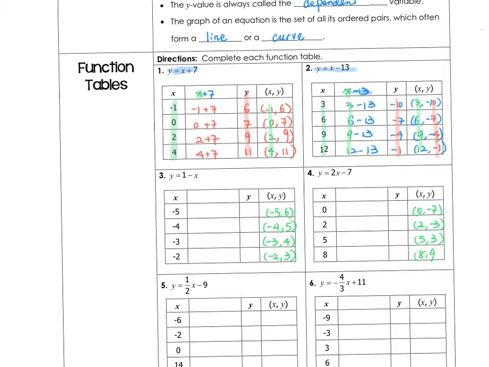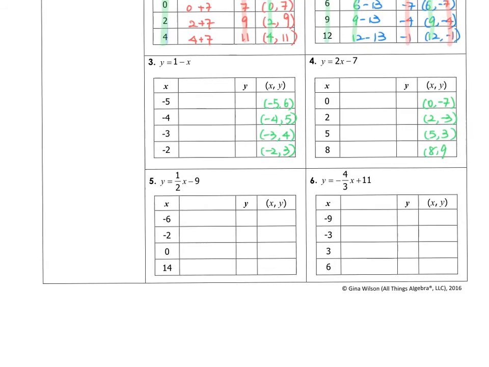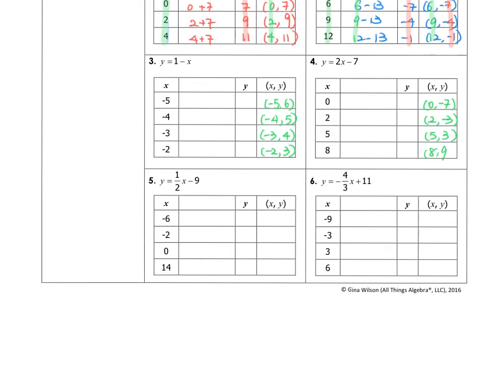Okay, I have put the answers of 3 and 4 on the screen. I'm gonna move it up a little. And I will do the 5 and 6 because there are fractions involved. So again, plug in 1/2 times -6 minus 9.